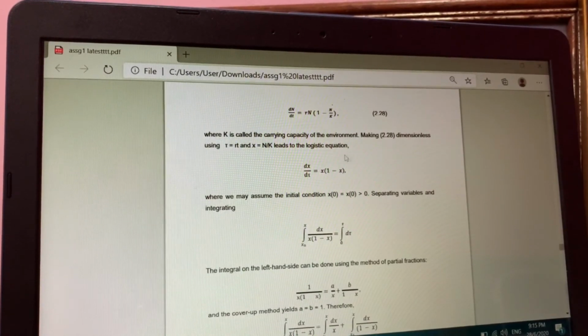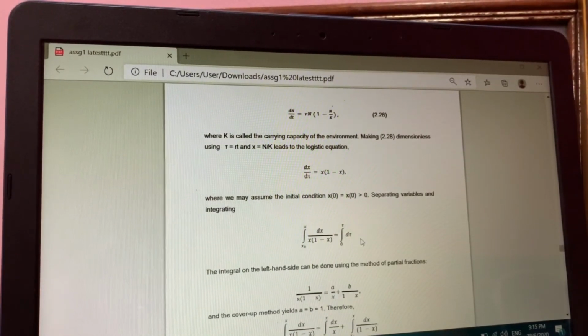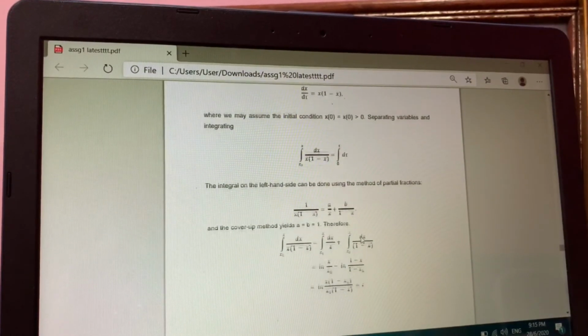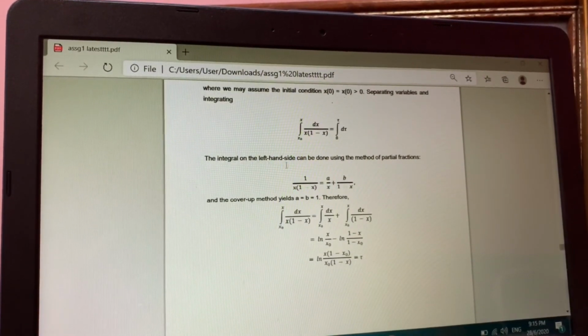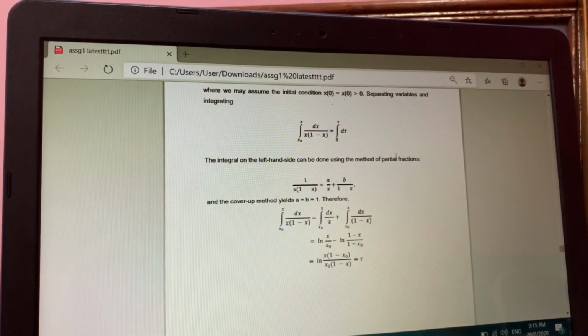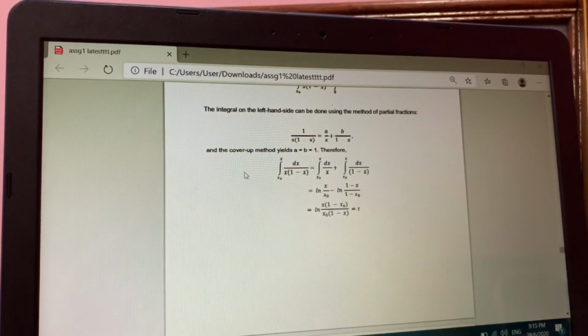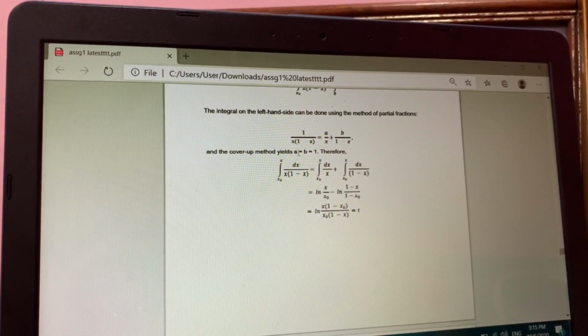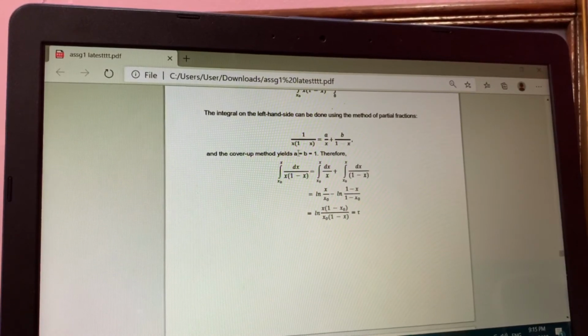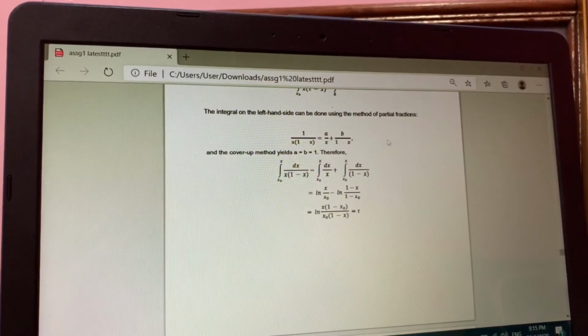We integrate this equation, and the integral of the left-hand side can be done using the method of partial fractions, which is this partial fraction. And then the cover-up method yields A equals B equals 1. Therefore, we got this.